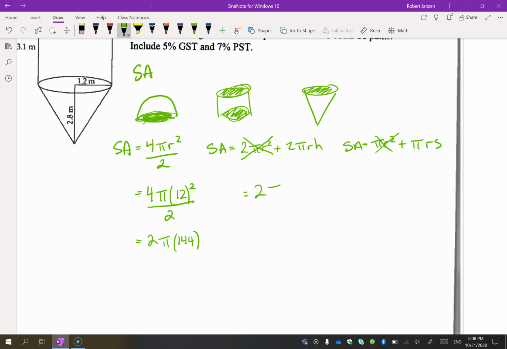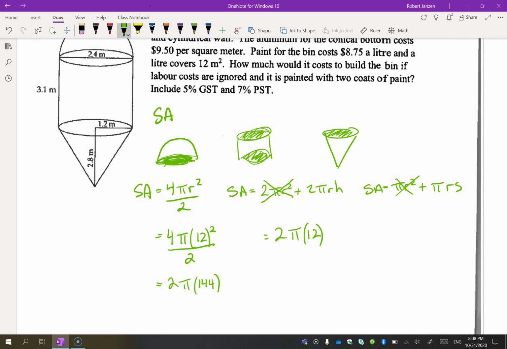Here you're going to get 2 pi, the r is 12, and the height, oh, is that 2.4 or 24? I think it's 2.4. So I just got to go back here. This is 1.2. So this is 1.44. And this is not 12, it's 1.2. And then the height is 3.1.